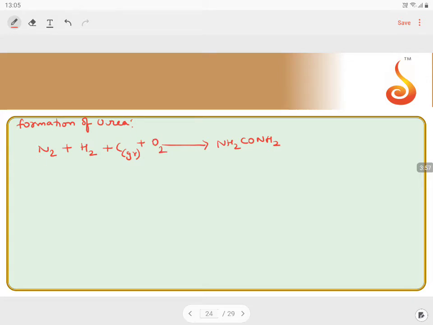So nitrogen N2, hydrogen 2H2, 1 carbon, half O2 gives you urea. But to apply the concept of bond energy, I need to make a small change here. In bond energy calculations, the purpose is to break everything into respective atoms, and this can happen only in the gaseous state.